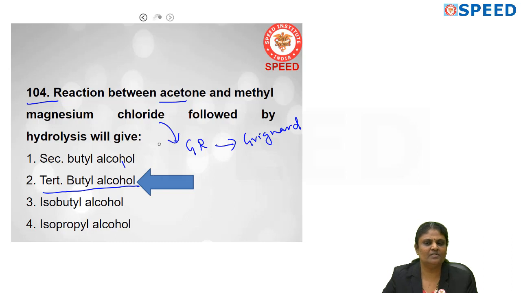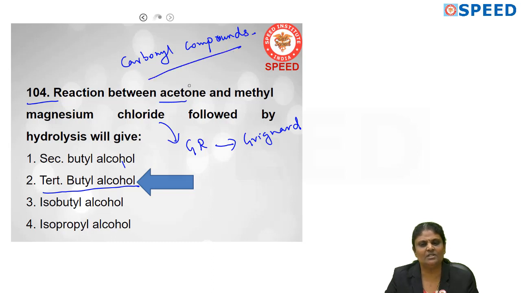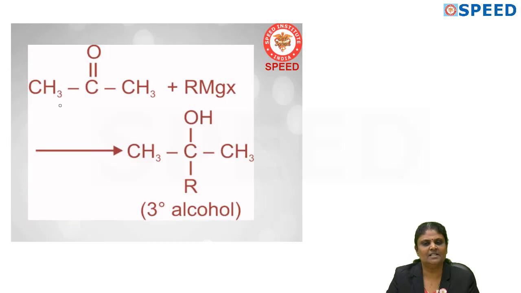So this question is from carbonyl compounds. So in carbonyl compounds you studied aldehydes, ketones and carboxylic acids. So this question is from ketone. And then this is acetone. And this is Grignard reagent.